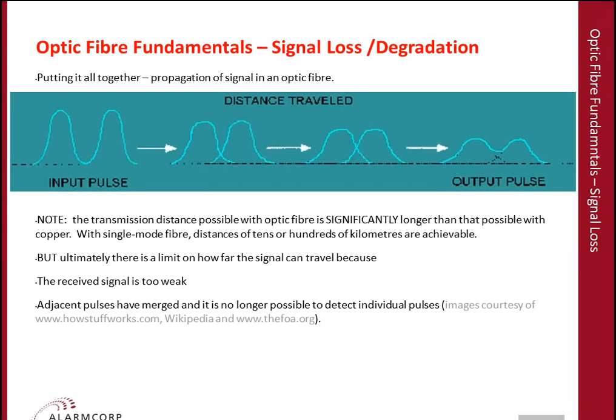With single-mode fiber in particular, we can achieve tens or even hundreds of kilometers down a single fiber without having to repeat the signal. However, ultimately there is a limit because either the received signal is too weak or the adjacent pulses have merged and it is no longer possible to detect the individual pulses and thus decode the signal.